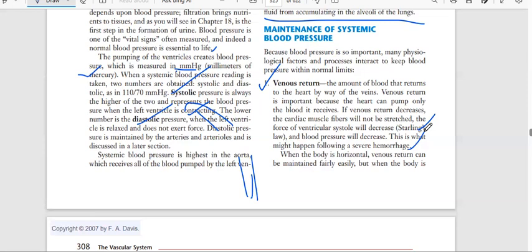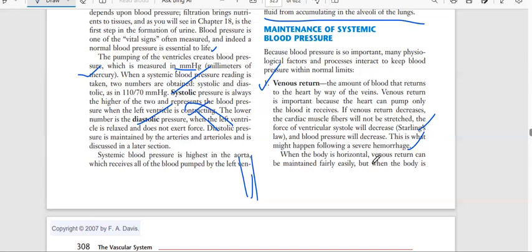What will happen if 100 ml of blood has to be received in the right ventricle but they receive only 20 to 30 ml? The contraction of the heart will decrease. There is a chance of hemorrhage, meaning blood is being lost, or there is some obstruction in the body, and that is the reason blood is not reaching the atrium.